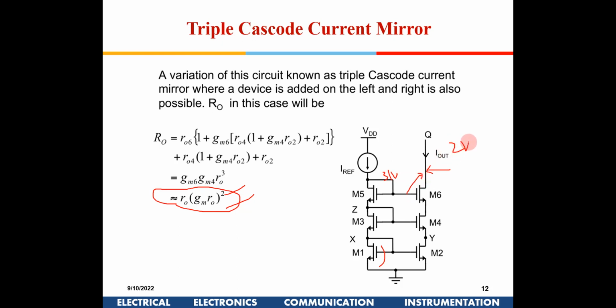So this will finally come out to be 2 VT plus 3 VOV. That much headroom will be required. So this is again a circuit with very high resistance, but for applications where you don't have headroom, this may not be recommended. This is known as a triple cascode.